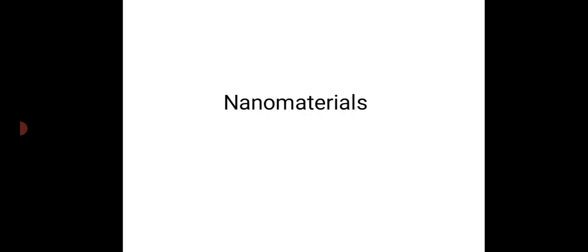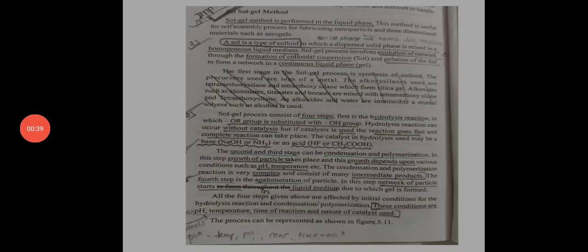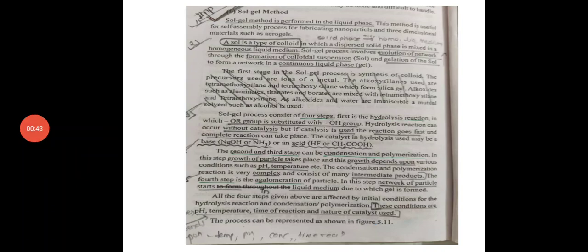The sol gel method is performed in the liquid phase. The method is useful for self-assembly processes for fabricating nanoparticles and three-dimensional materials such as aerogel. A sol gel is a type of colloid in which a dispersed solid phase is mixed in a homogeneous liquid medium.